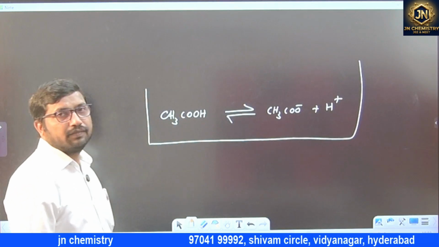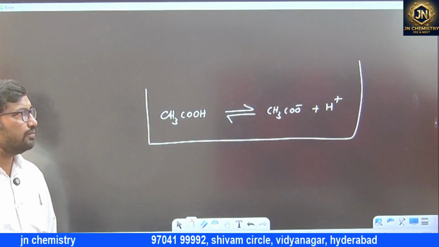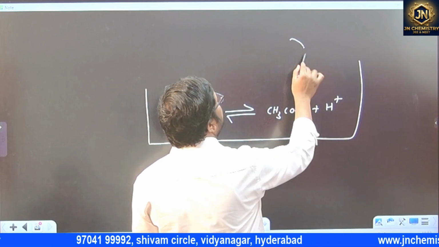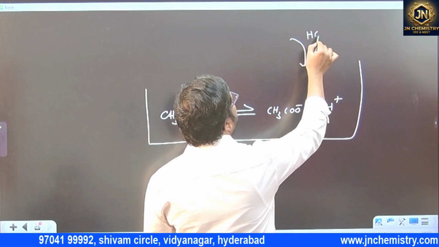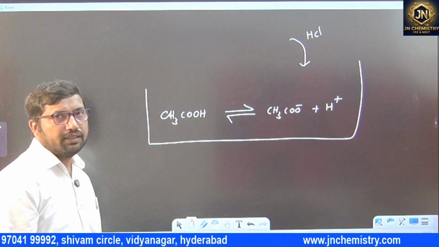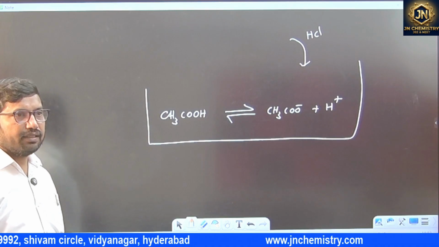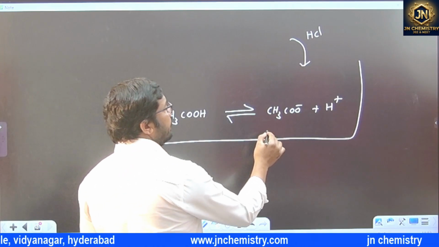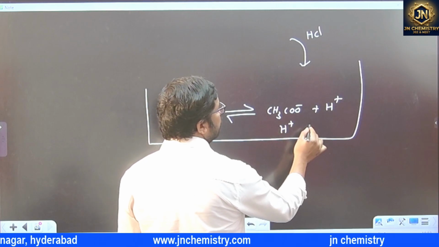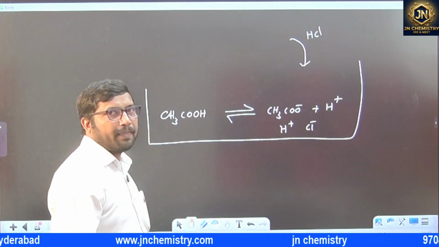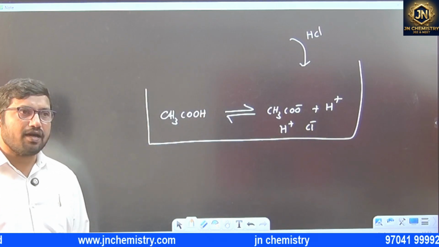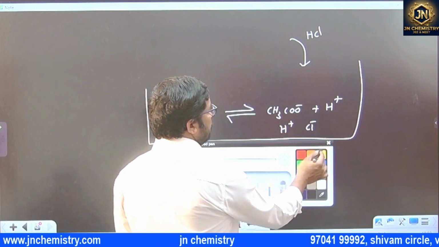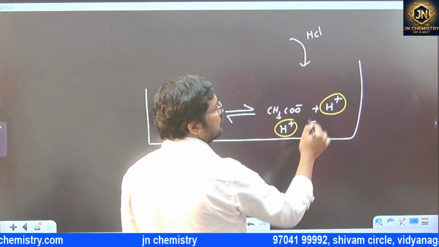Imagine I'm adding a small amount of HCl. HCl is a strong acid, so 100% dissociation takes place, giving H plus and Cl minus. Now one common ion is coming in: H plus.